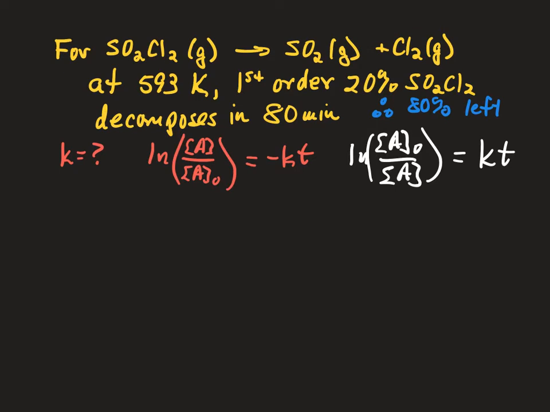So to find k, we would start with the natural log of the concentration of A0 divided by 0.8 of that, since 80% is left, is equal to our k times our 80 minutes.